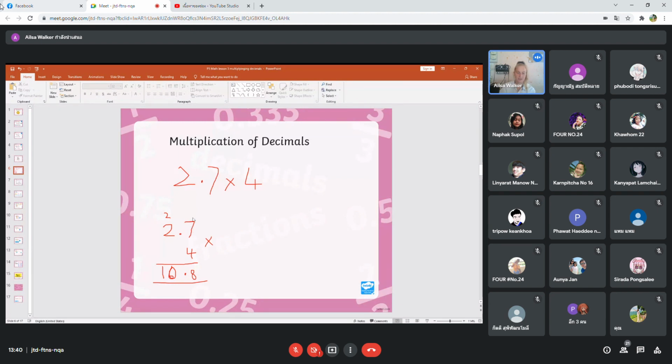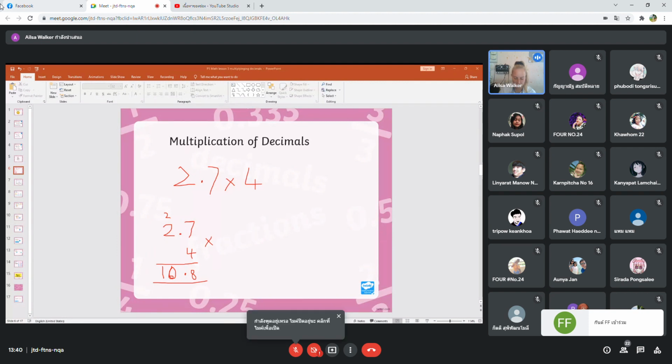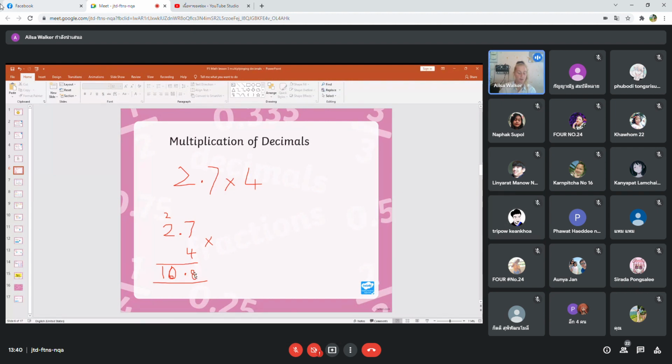We start with the tenths here. So 7 multiplied by 4 is how many? 28. Good. So we put the 8 in the tenths column, and the 2 goes here.